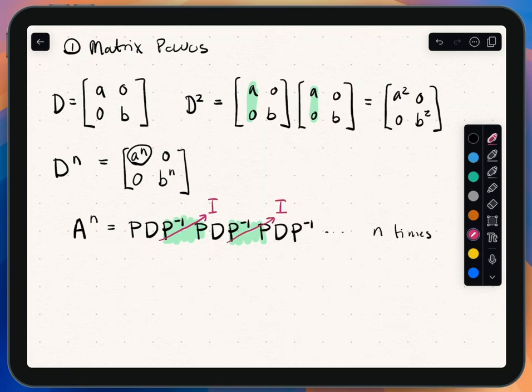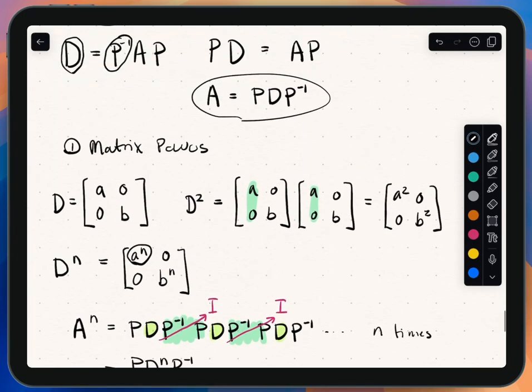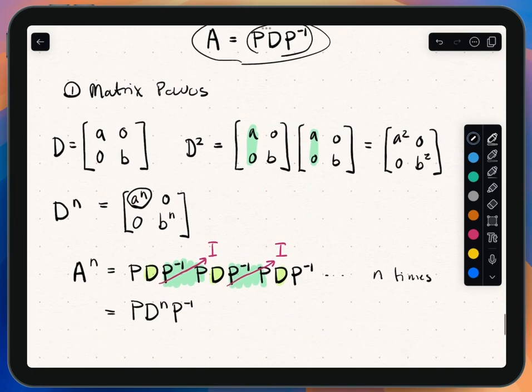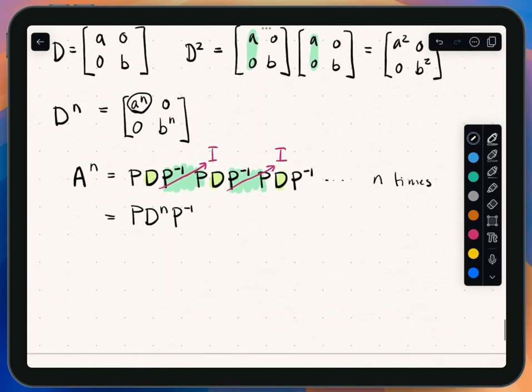That means we're only left with these D matrices in the middle, getting our matrix power. So in the end, we're just left with P, D to the n, P inverse. If you knew the original P and the original D, you just take every diagonal entry and raise it to the nth power, and voila, you have A to the n.